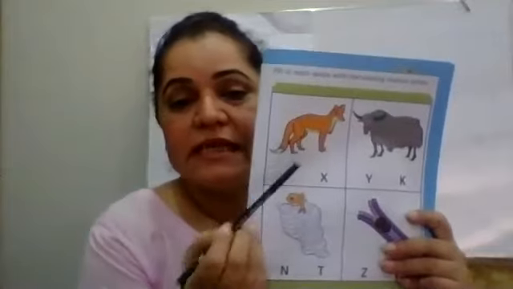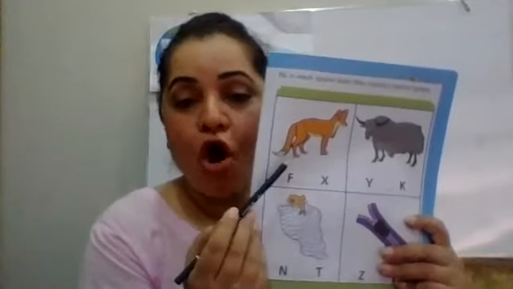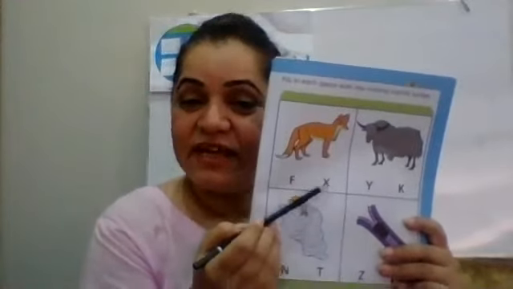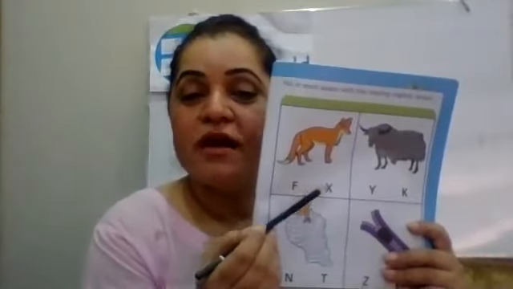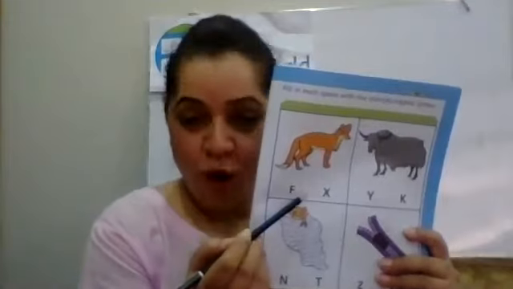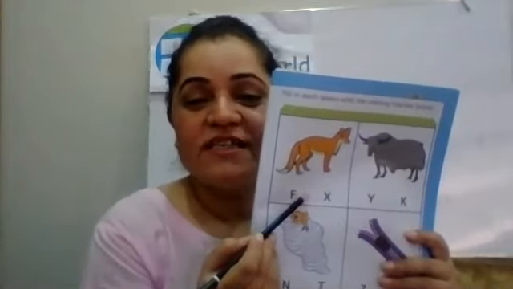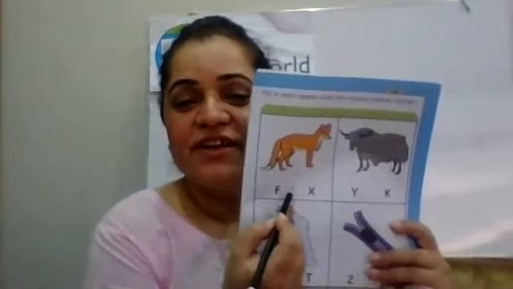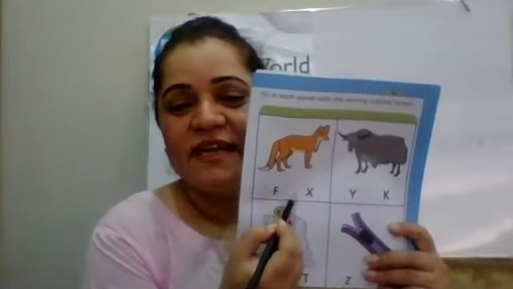Now, fox is ox, right? So which is the missing letter over here? F, right? F is for fox. So we're going to write here capital F.